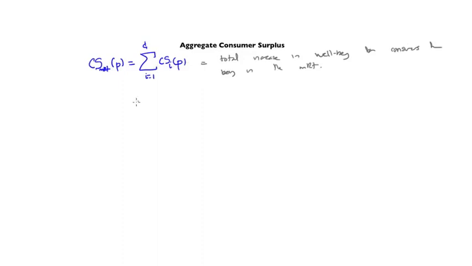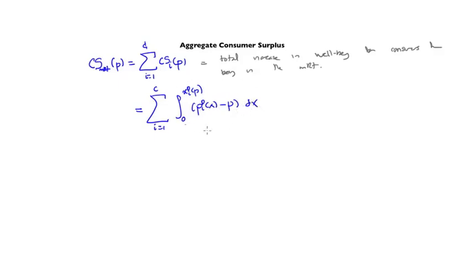Now, this is equal to the sum of the integrals, from 0 to the amount demanded by person i, of the inverse demand function minus the price, times dx.